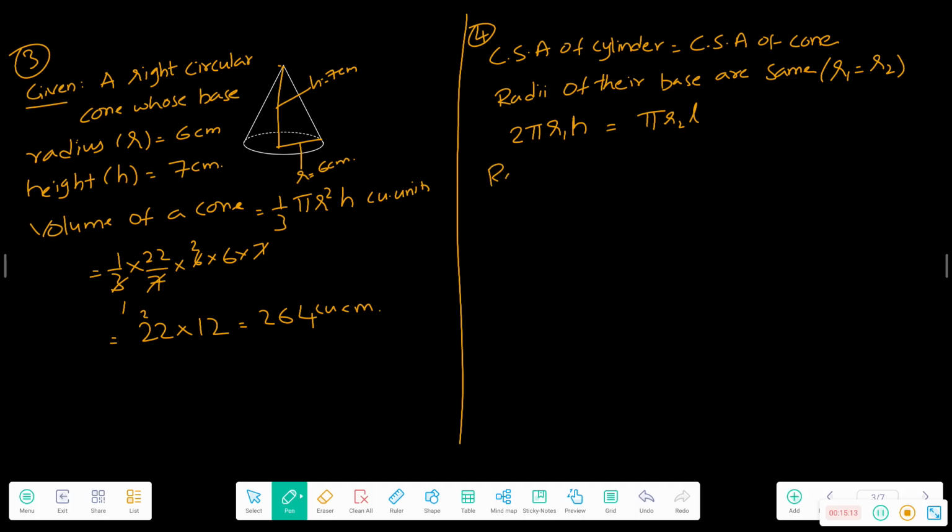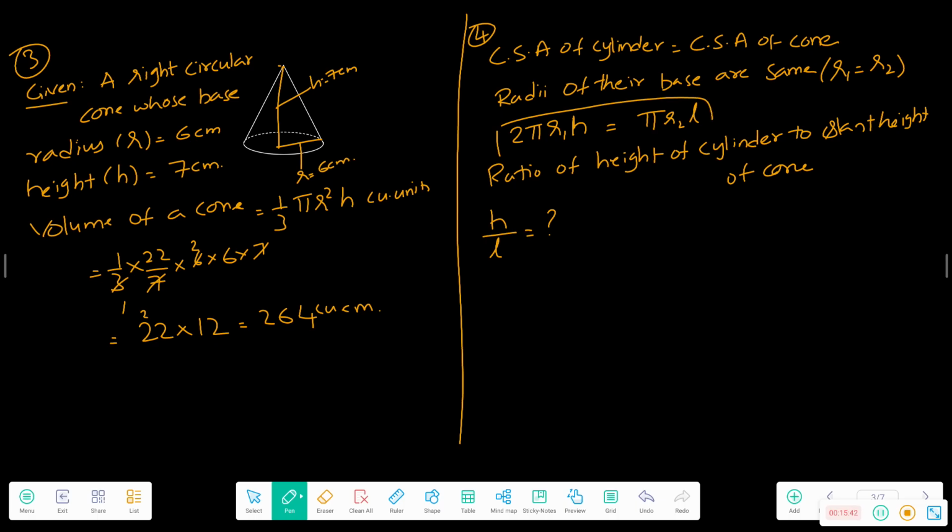So ratio of height of cylinder to slant height of cone. That means we need to find the value of h by L. So take this equation down, easily we can finish it off.